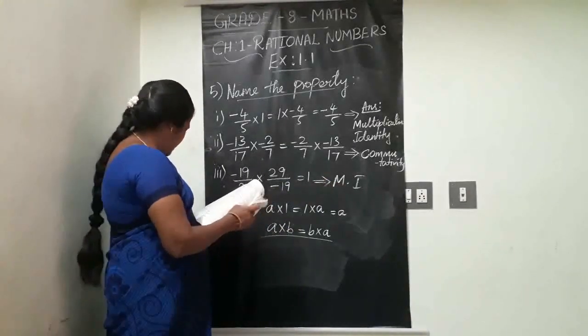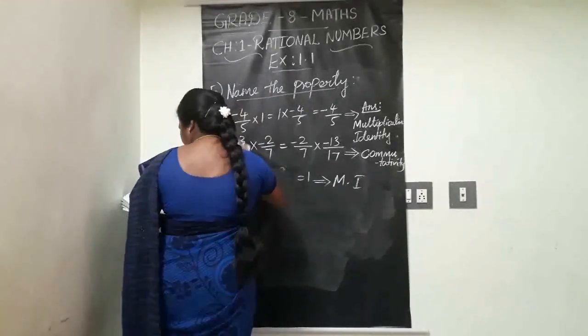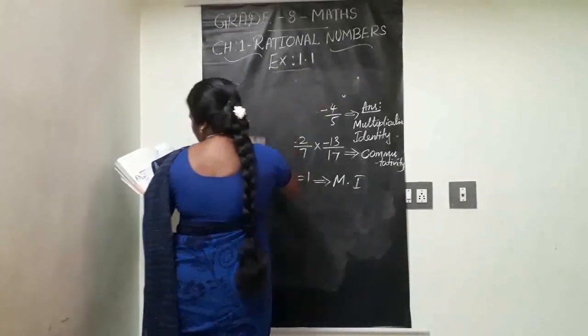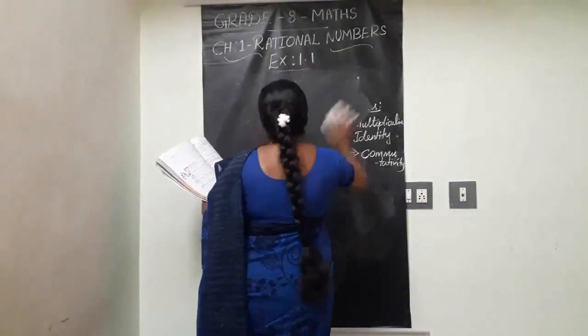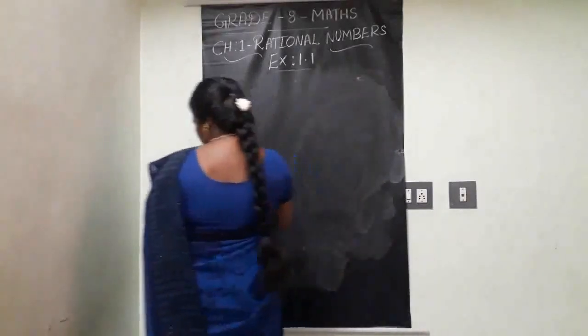Next one, the sixth question. What is given here?